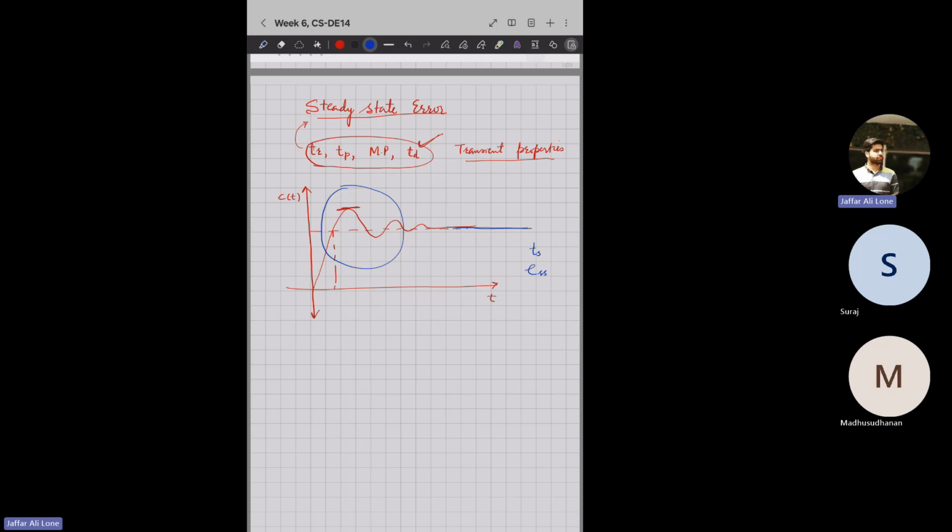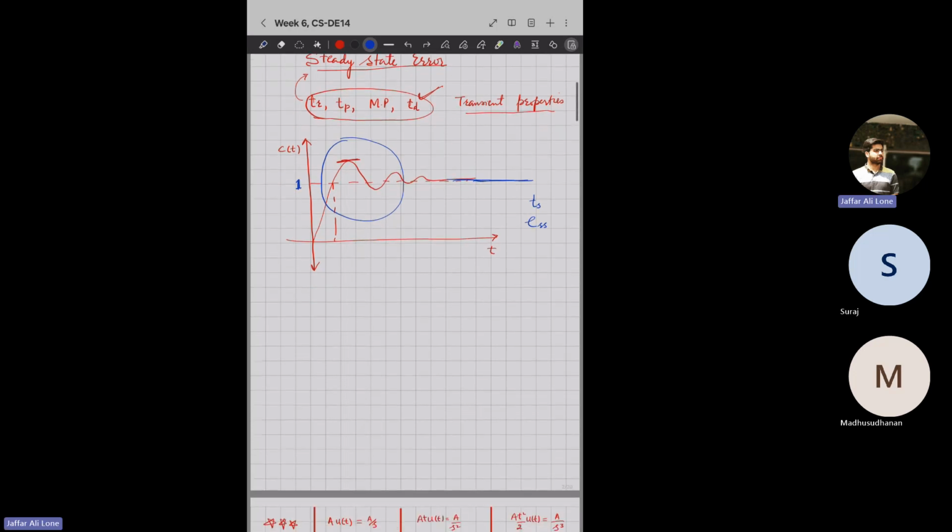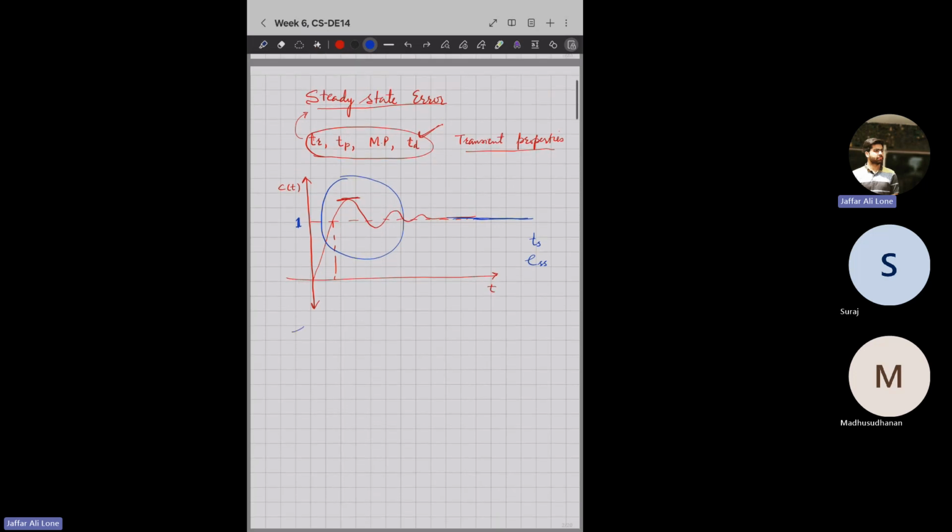Now, what is steady state error? Let's assume my reference is 1 here. If my output is exactly tracking this reference, then I can say there is no steady state error. In other words, I can define the steady state error, ESS, as the difference between my reference signal and my response.